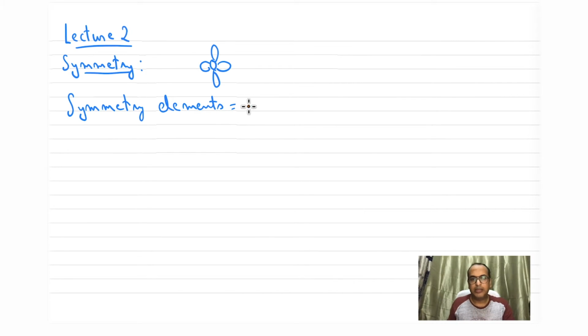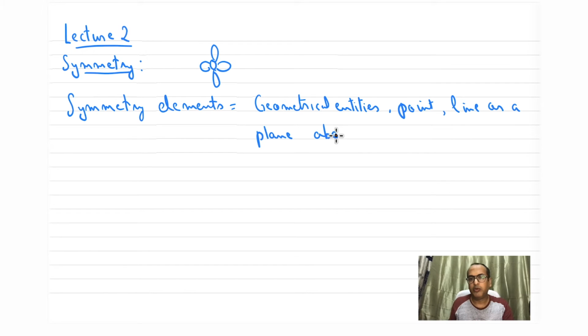So symmetry elements are geometrical entities, like a point, a line, or a plane, about which a symmetry operation can be carried out.